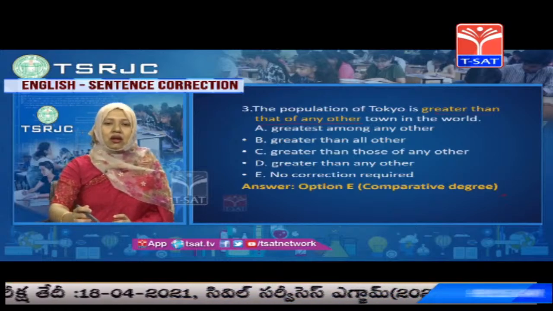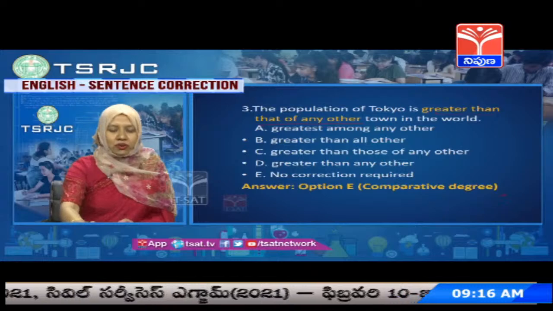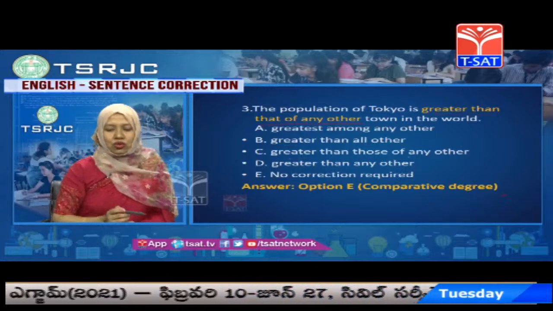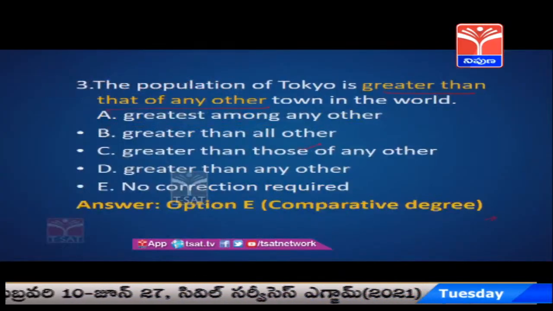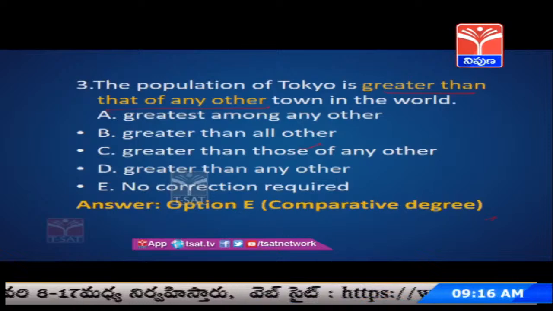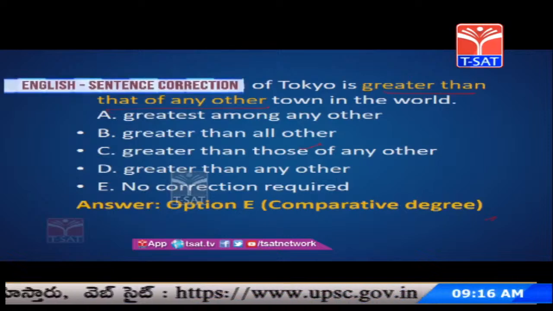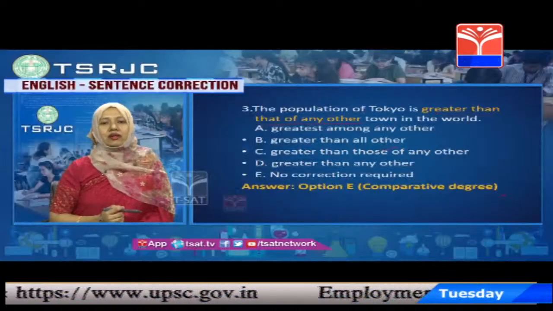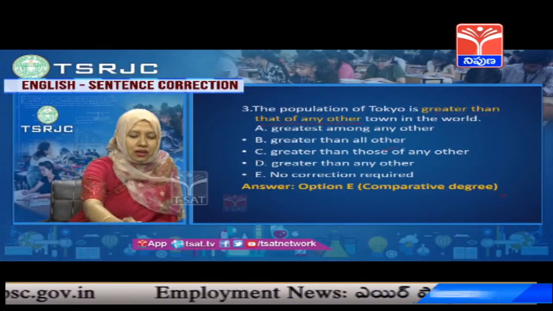So, here the correct option is the population of Tokyo is greater than that of any other town in the world. If you see the options, in option C, greater than those of any other, you cannot say that.